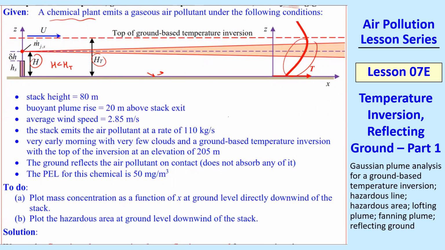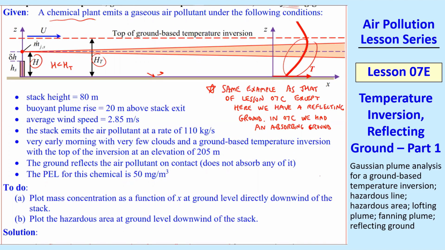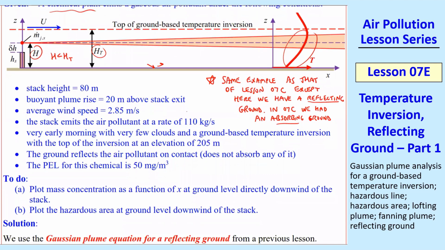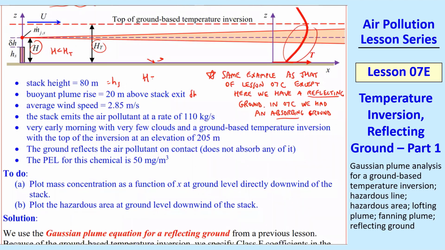In fact, it's the exact same example as lesson 7C. If you look back at that one, except here we have a reflecting ground, whereas in 7C we had an absorbing ground. Same numbers, everything's the same here. Our HS is the same, our delta H is the same, and therefore we can calculate H here is 100 meters, just like we had before.